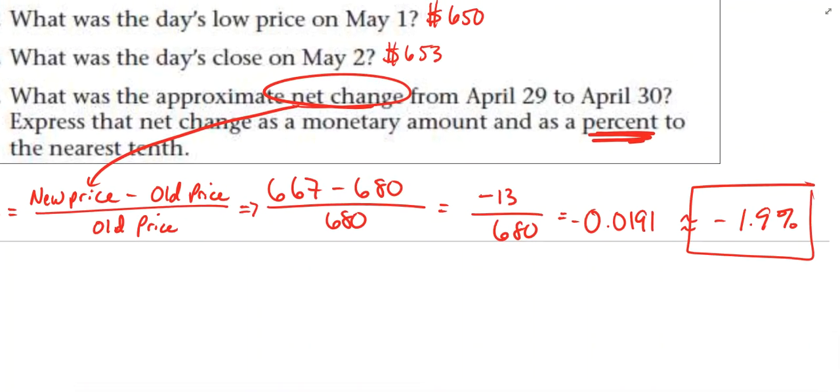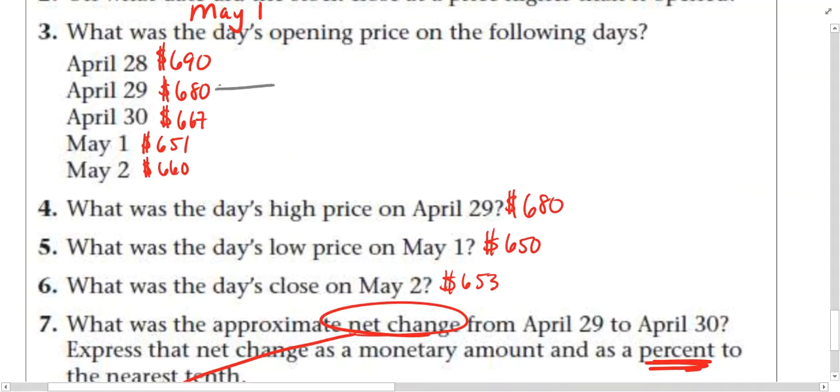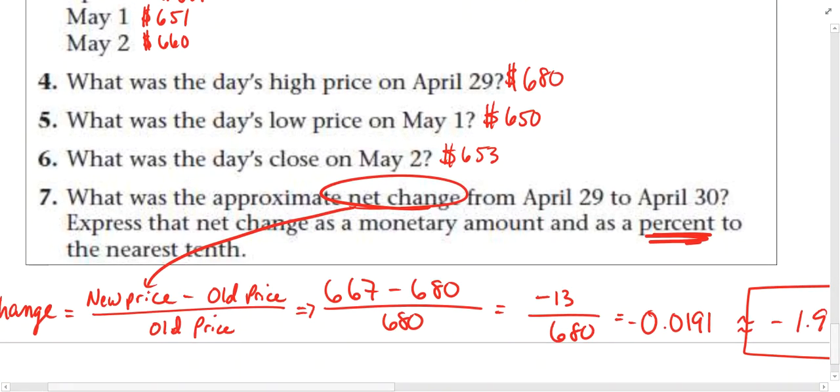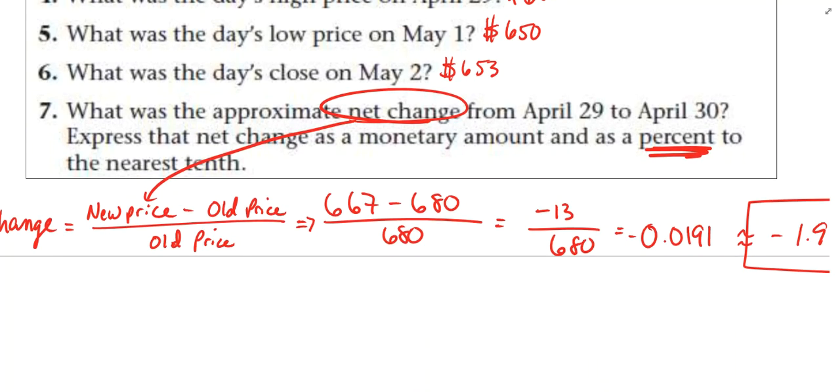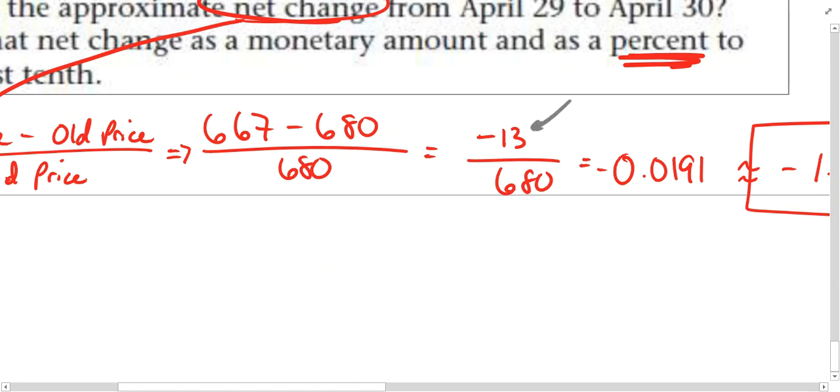So in this case, to read the stock's value from April 29th to April 30th, well, we had those two numbers recorded here already for us. So this is what I would call the new price, because that's the most current, and this is the old price because it's the previous price. The new price of $667 minus $680 shows that there was a loss of $13 for that day. That's what this number represents.